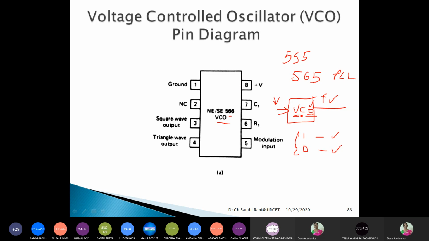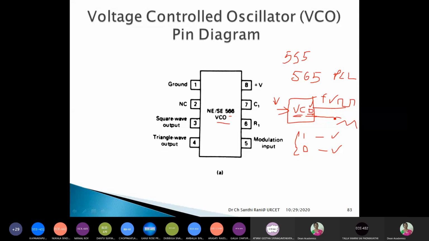One more point to remember: the voltage control oscillator gives two different types of outputs. One is a square wave output, and the other is a triangular wave output. Therefore, this VCO has one input and two outputs.